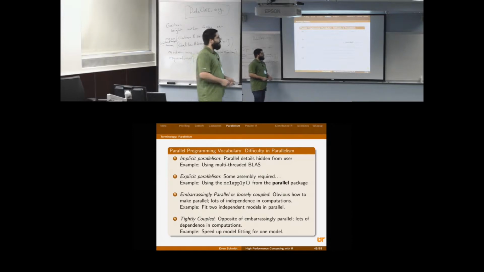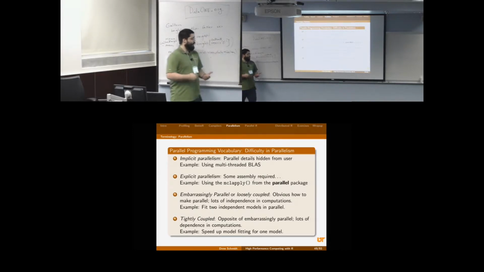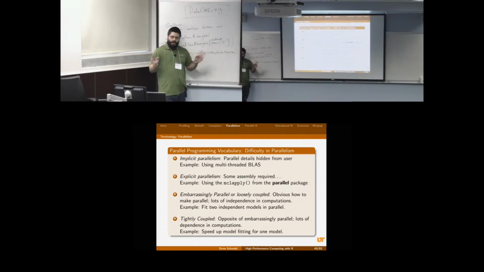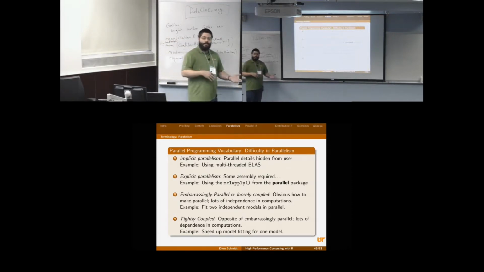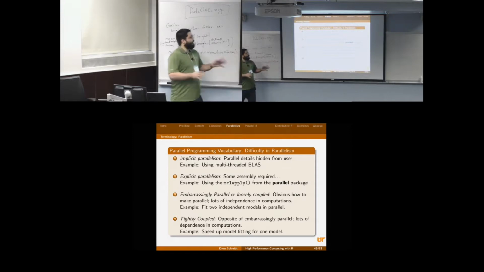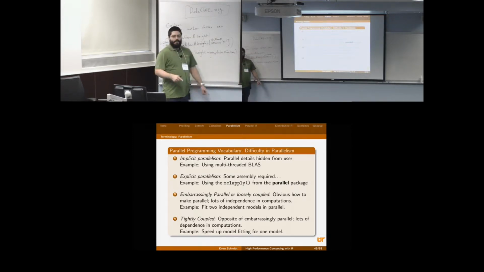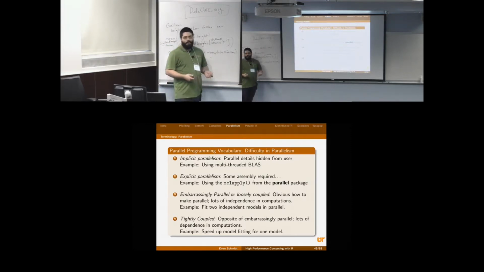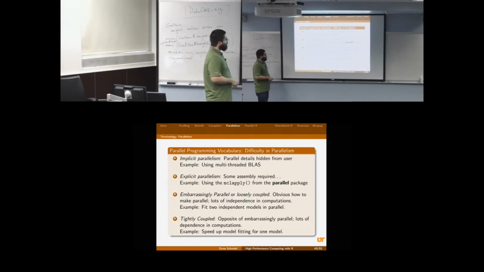As examples, you could imagine you have two different kinds of models you want to fit. We saw some models in the last session. I'm not saying from a computational standpoint this is a good idea, but you could fit one on one core, one on the other, and theoretically it would be faster, right? That's an embarrassingly parallel problem because there's no interdependence. You just fire them off and things work fine.